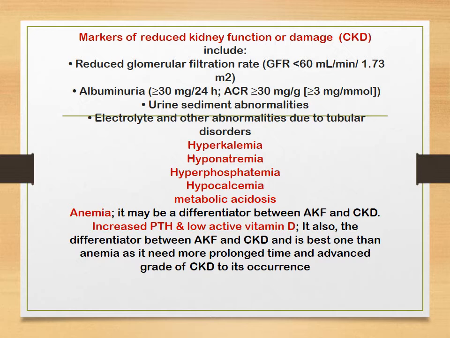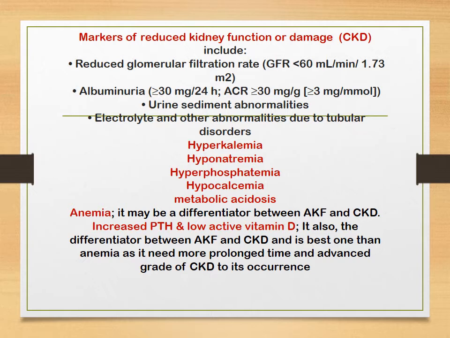Also, there is electrolyte imbalance, including hyperkalemia and hyponatremia, due to damage of the renal tubules and the lack of aldosterone action, by a defect in the response of the renal tubule to this hormone at the collecting duct.